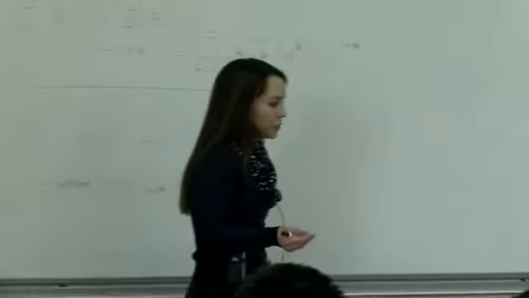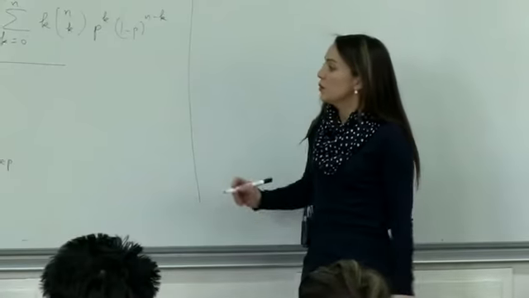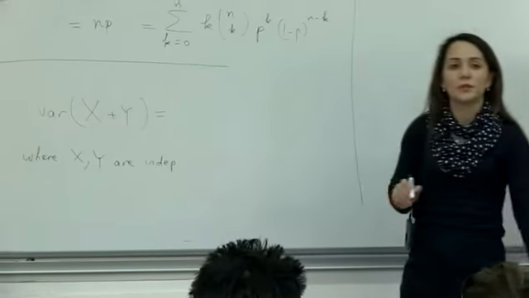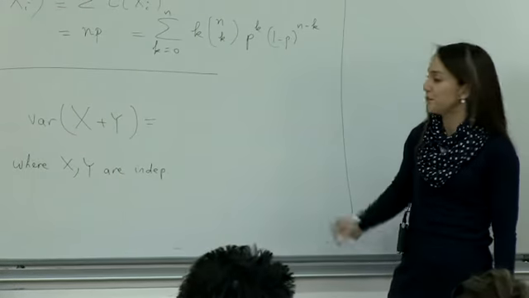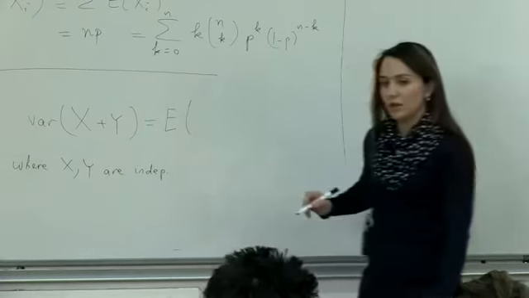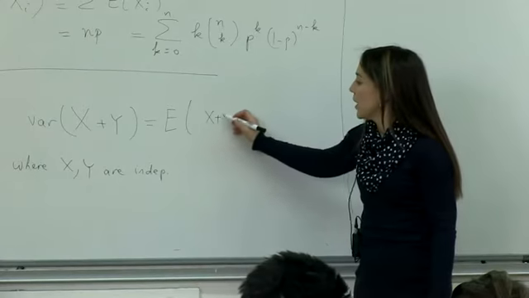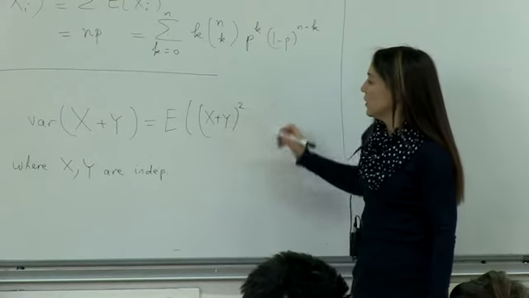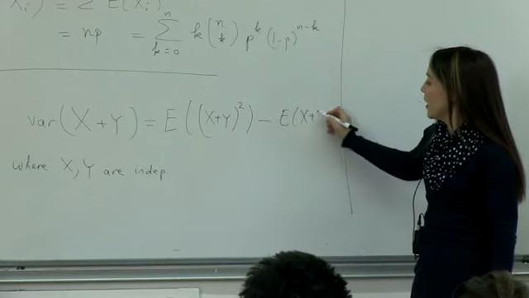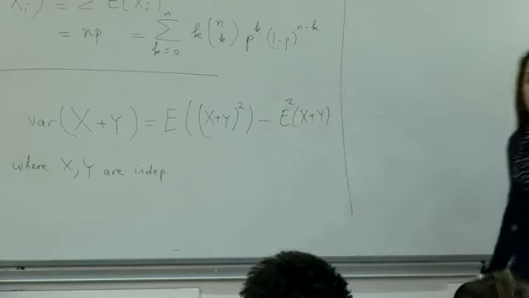So how do we proceed? We just use the definition of variance. The variance of X plus Y is the expected value of (X plus Y) squared minus the expected value of X plus Y, whole thing squared.